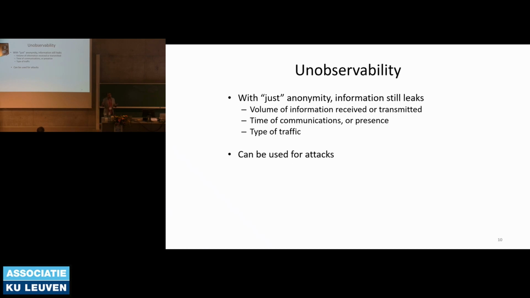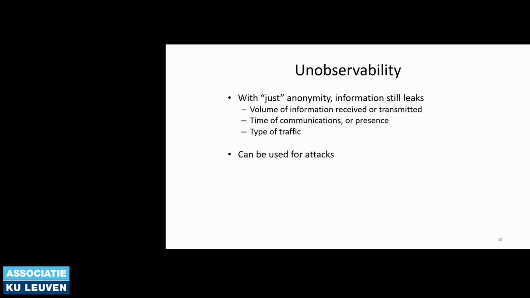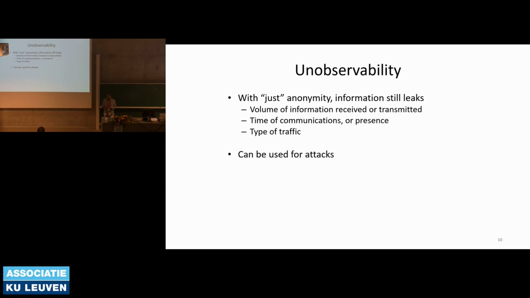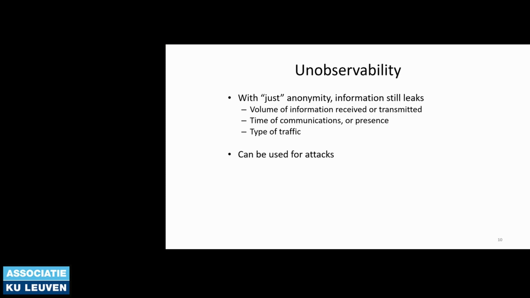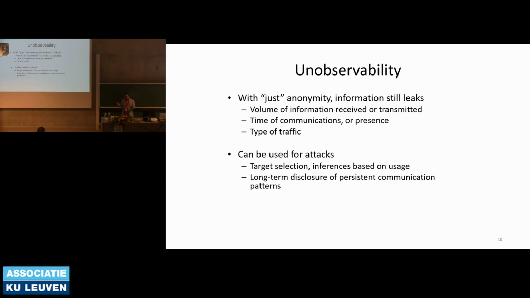Intuitively, it's easy to see whether you are using the internet or not. You have to log into the internet, you have to connect to the internet. That's easy to observe, and hiding even that information is really difficult.